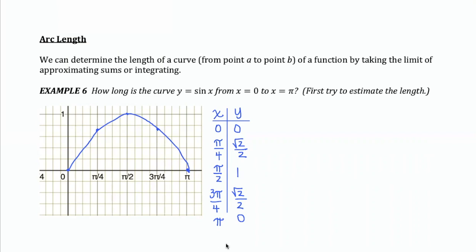So what we're being asked is to estimate the length. Traditionally, we measure lengths that are straight. So instead of thinking of this graph as a curve, I can think about it as this segment between the first 2 points, then this segment between the next two, and then this segment, and finally this segment.